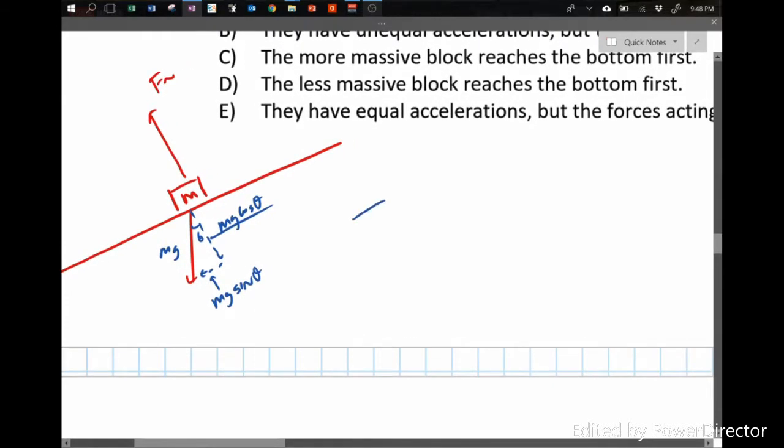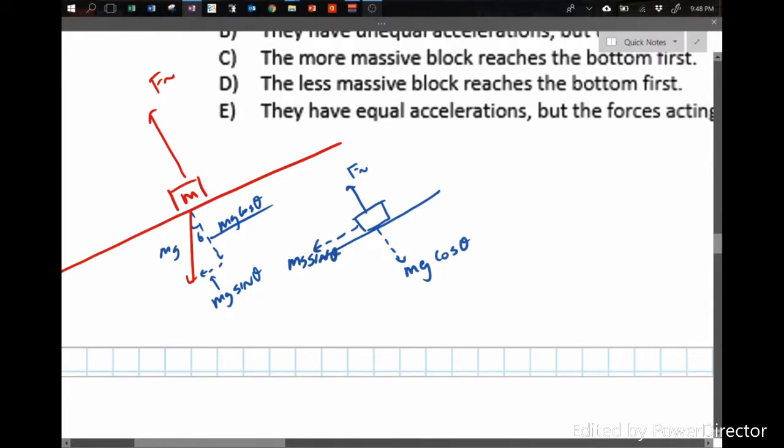So if we redraw that mass on the plane, the normal force didn't change. We didn't really have to resolve it. But pulling down, opposite the normal force, perpendicular to the plane, is mg cosine of theta. And pulling down the plane is mg sine of theta.